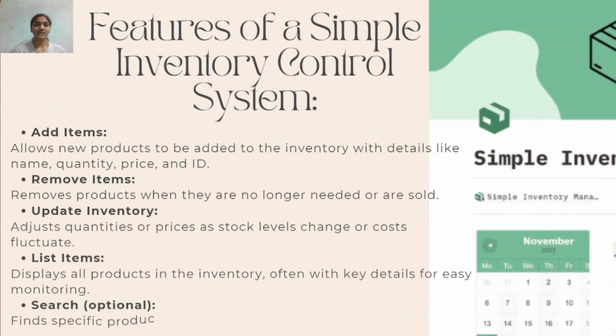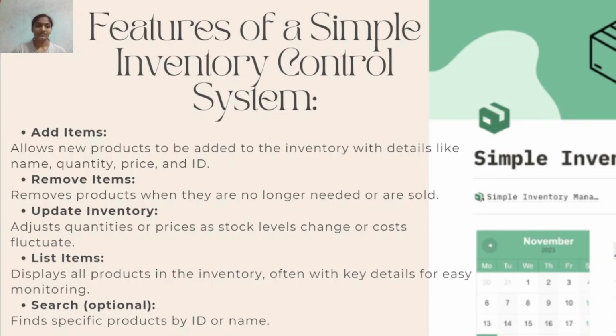Features of a simple inventory control system. These are add items, remove items, update inventory, list items, and search. Add items basically allows new products to be added to the inventory with details like name, quantity, price, and ID. Remove items removes products when they are no longer needed or are sold.